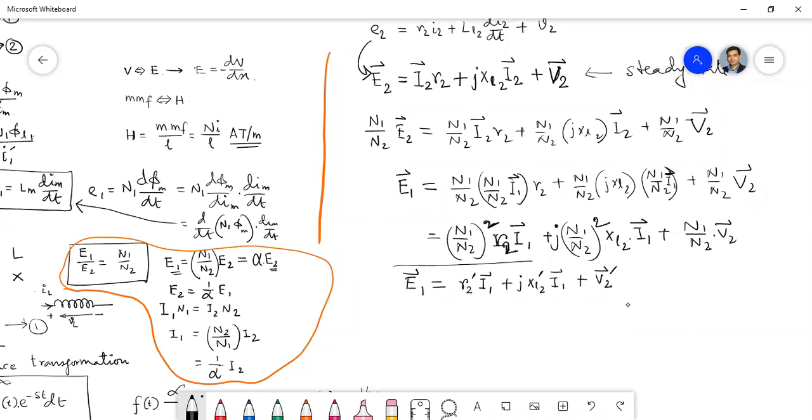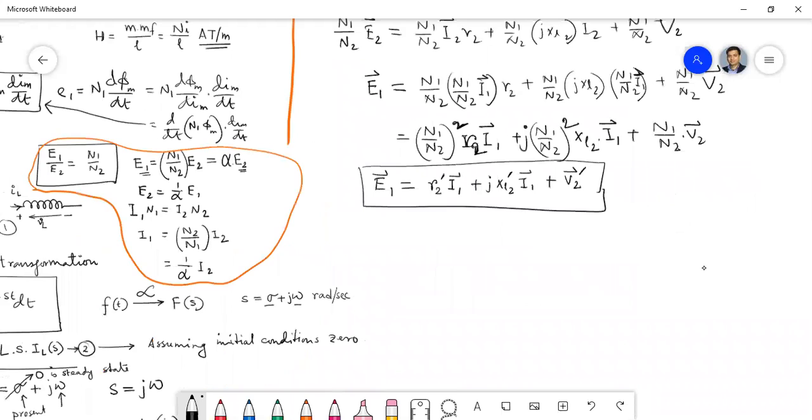So this is the derived equation. We only did some mathematical operations on the existing equation. According to this equation, the new circuit is similar, but the values are different.